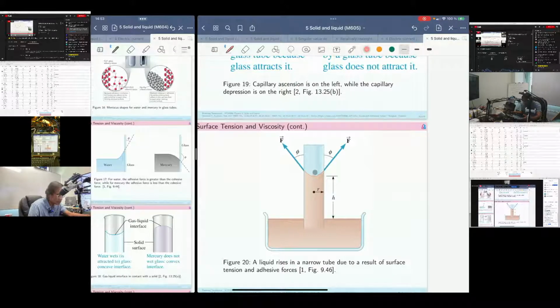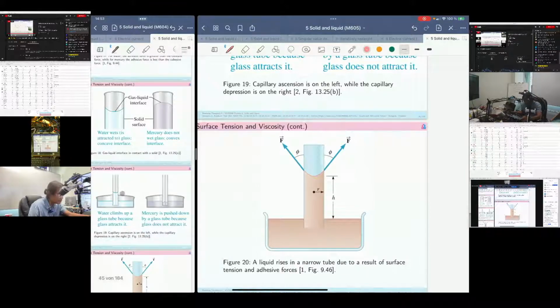In the water case, of course, the water is going to have a rising area here, with the height of variable h. The angle is measured with respect to the capillary wall by angle phi. And let's say this capillary tube has the radius small r.